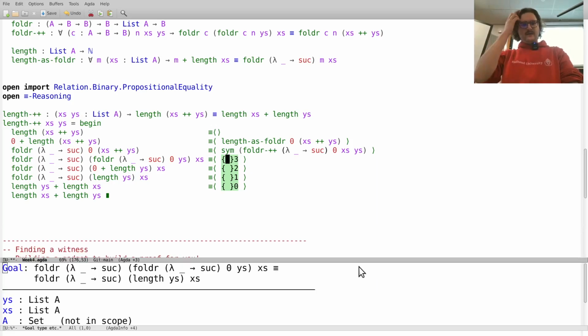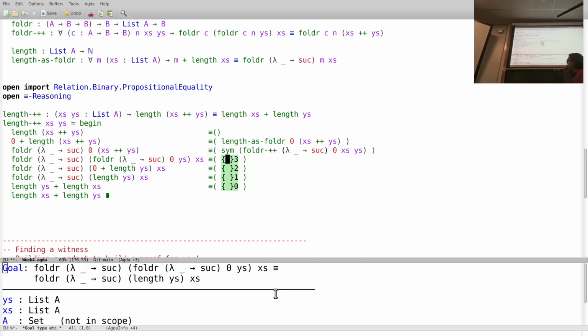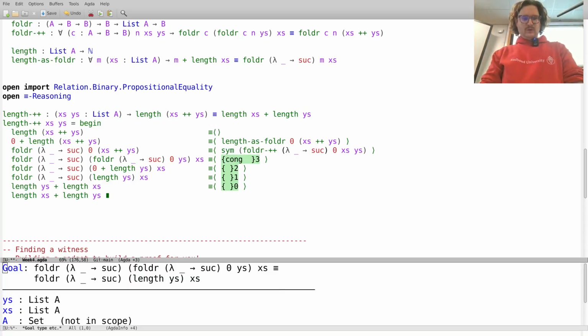Then I have this intermediate value here. The idea was that this thing inside looks a lot like 0 plus length of, it looks a lot like a call to length as folder. So here we need to go slowly.